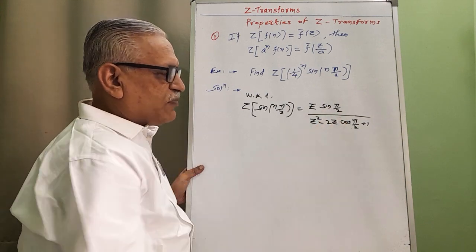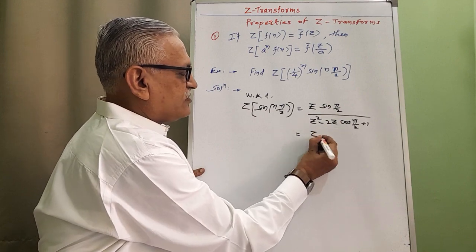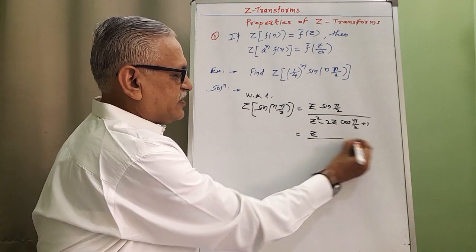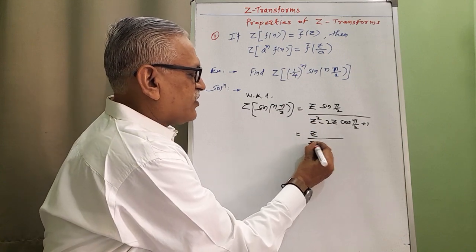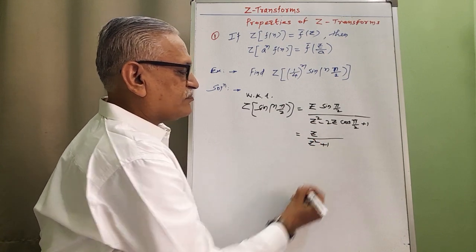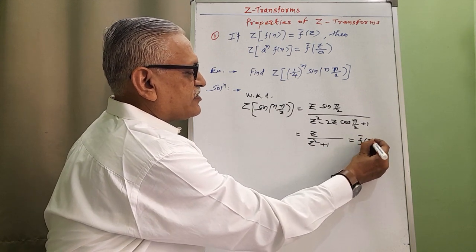Standard values: sin pi by 2 is 1, therefore z in the numerator, and cos pi by 2 is 0, therefore it is z square plus 1, and we call this f bar of z, say.